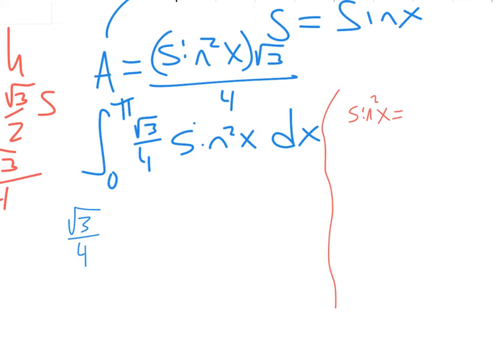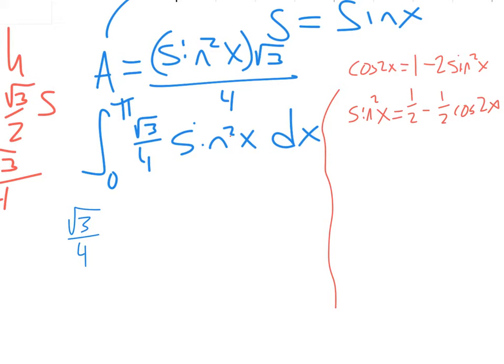Let me write this down first. It comes from this: cosine of 2x is 1 minus 2 sine squared x. And if you solve this for sine squared, you get 1/2 minus 1/2 cosine 2x. All right, I'll let you work that out, okay?